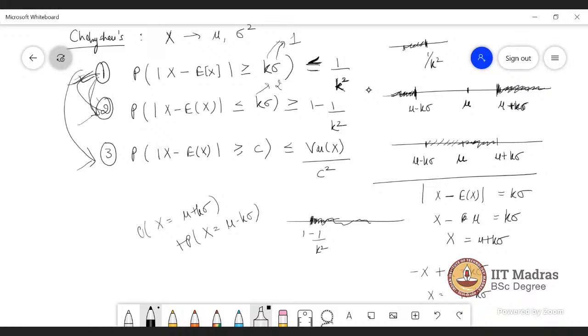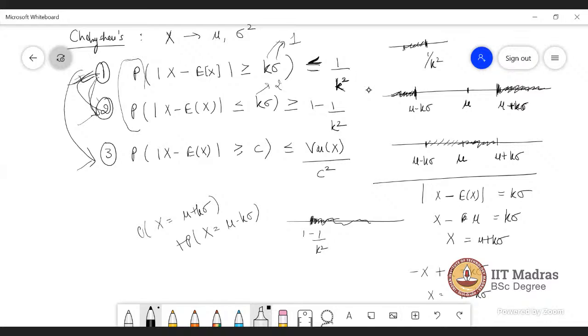So you were trying to say in what case both these probabilities, the probability that x is mu plus k sigma and mu minus k sigma, will give you the same value, right?